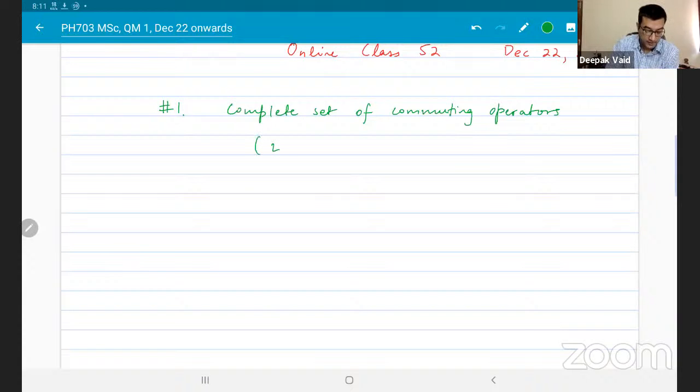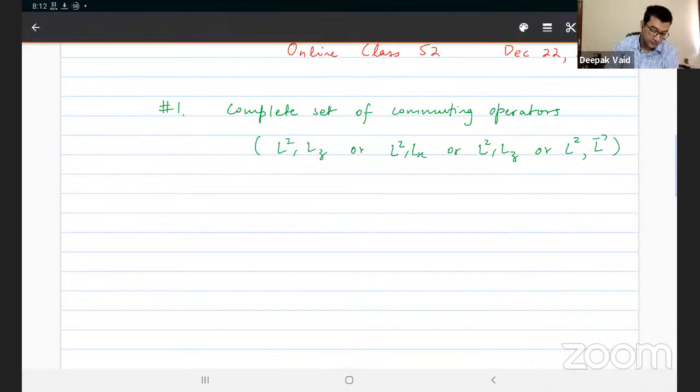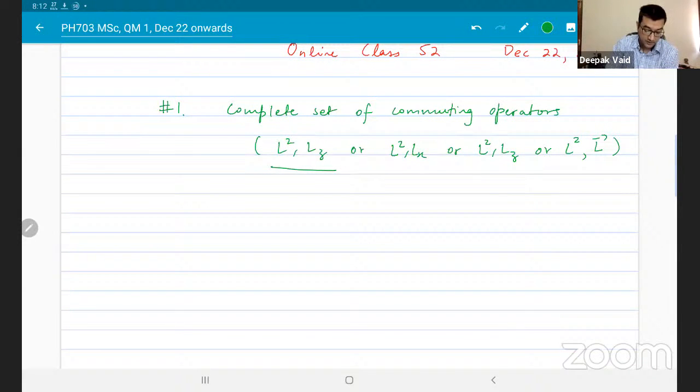So in our case, that complete set becomes L square comma Lz, or L square comma Lx, or L square comma Lz. It doesn't matter which one. And as I also explained last time, it can also be some linear combination of the three of these, right? So we normally, this is the default choice.